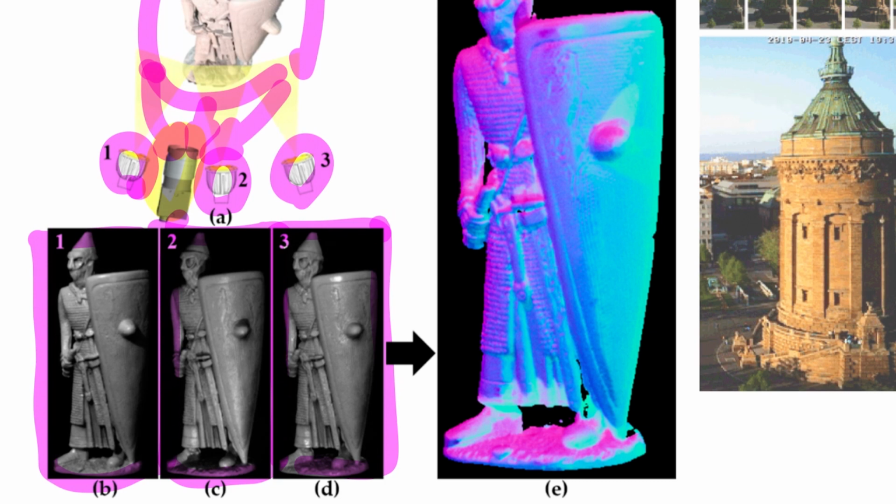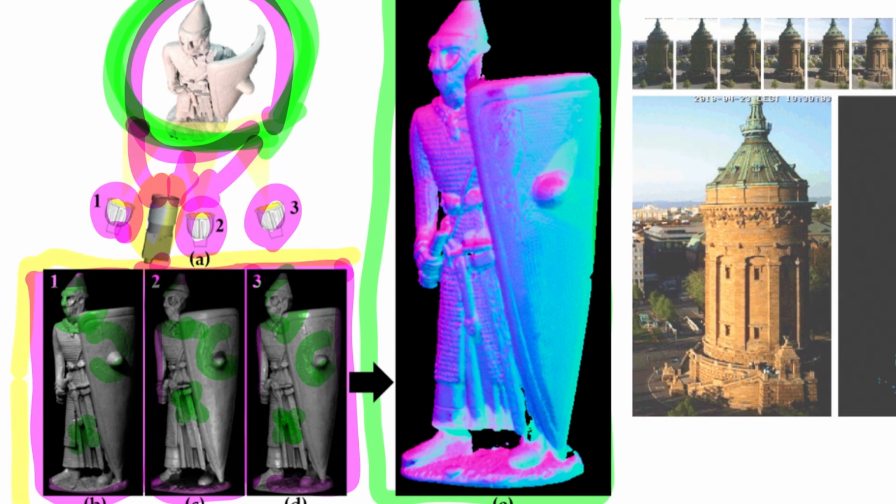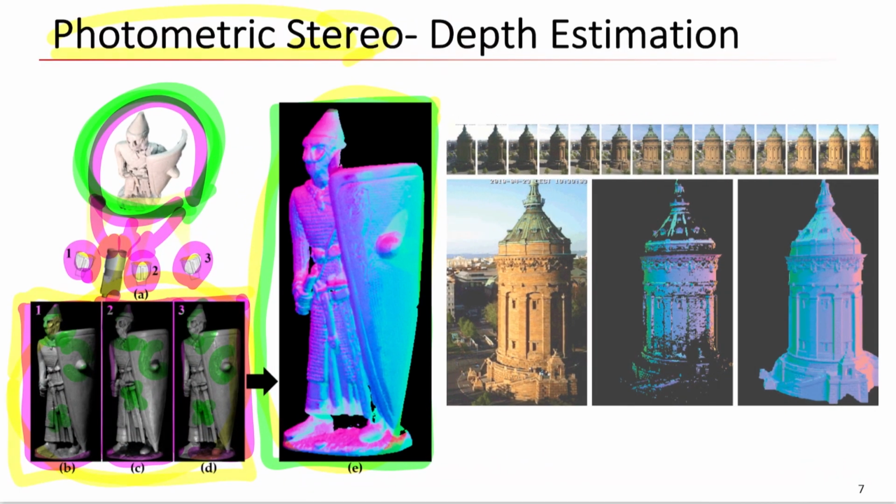According to the depth information, there is some illumination variation, some appearance variation. So it means that by analyzing the appearance variation between this one and this one and this one, we can reconstruct the 3D information of this object. In other words, if we have this kind of 2D images, we can reconstruct the 3D information from these 2D images. So this is photometric stereo.